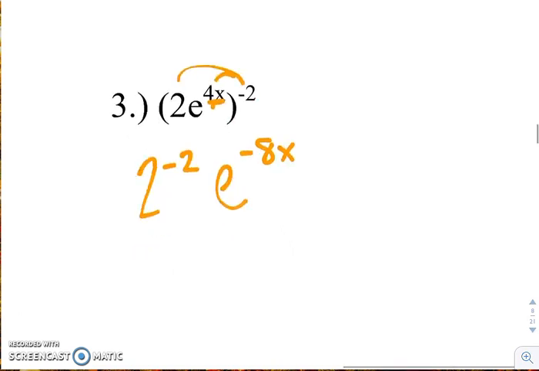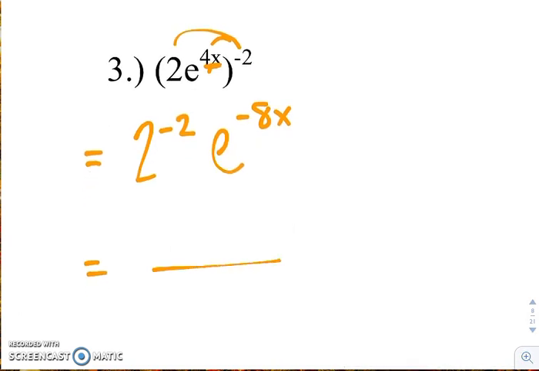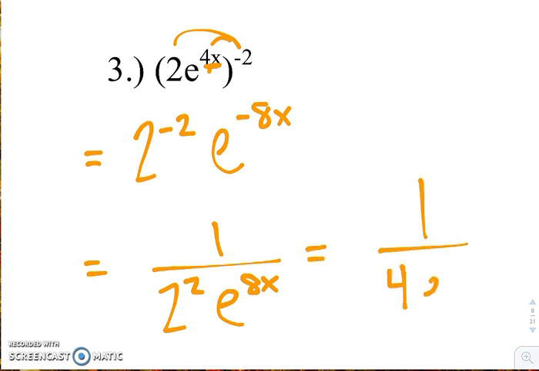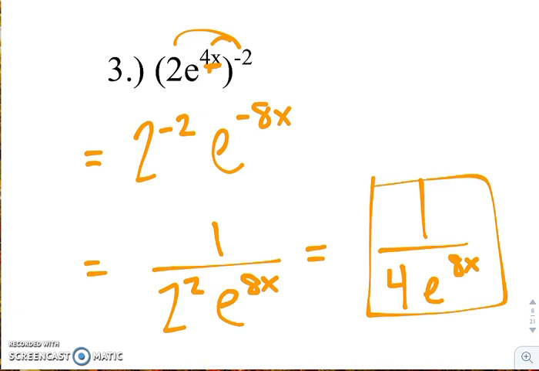Since both of them are negative exponents, we are just going to move both of them to the bottom of our expression. If it needs to be a fraction, we can put 1 over all of that. And we know that 2 squared is 4. So 1 over 4e to the 8x.